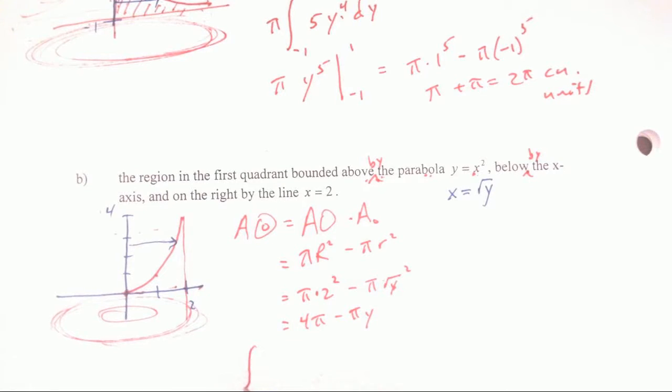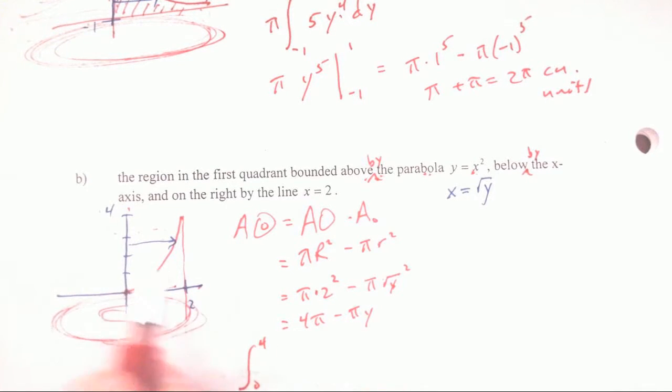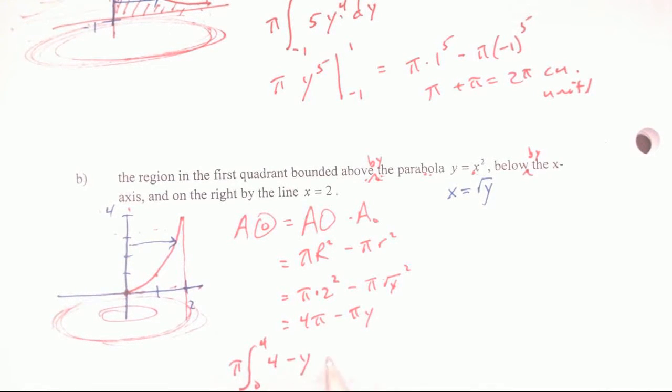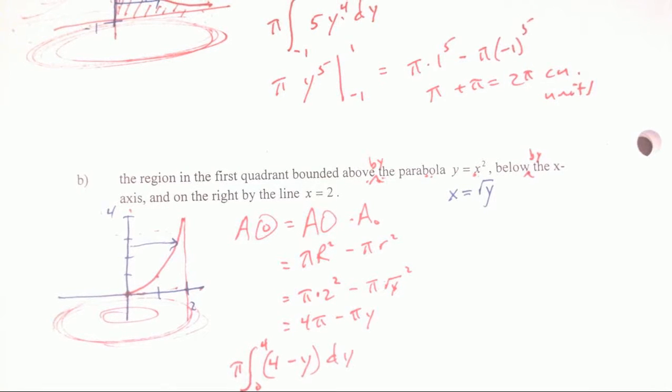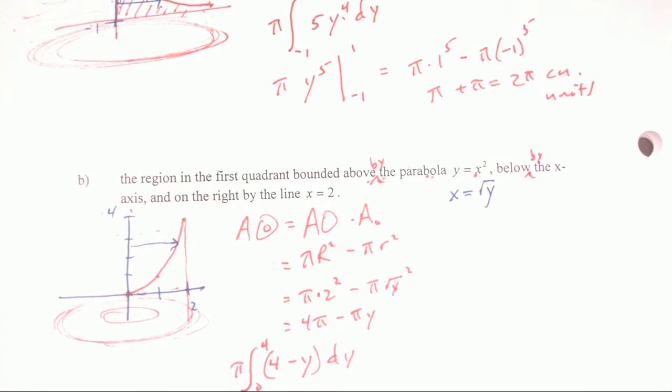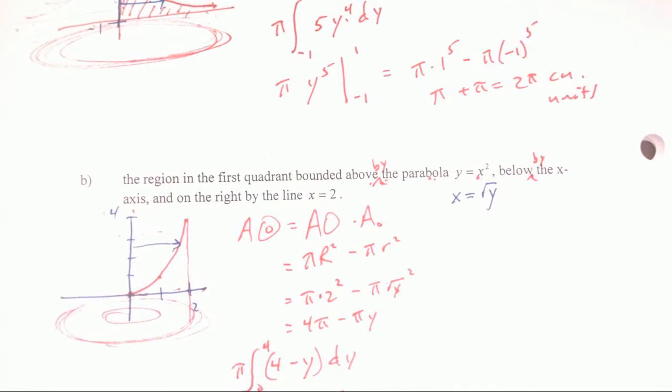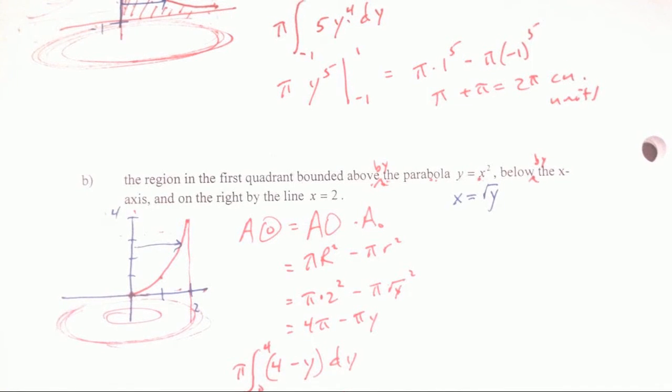Therefore, our integral, the y values go from 0 to 4 on this rotation. I'm going to factor out pi, I get 4 minus y dy, and we're home free here. I get pi times 4y minus y squared over 2, from 0 to 4.